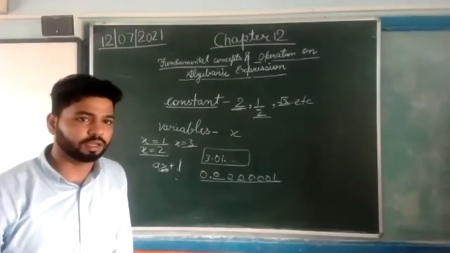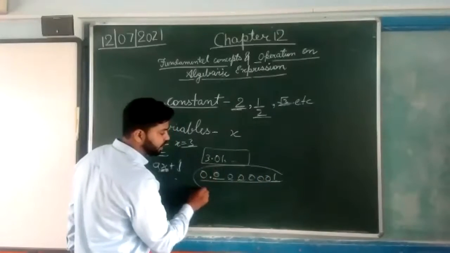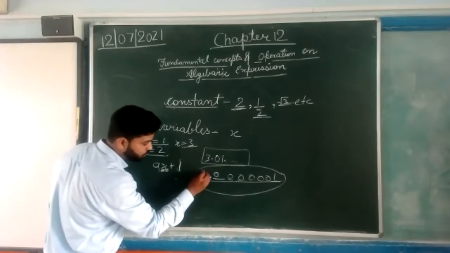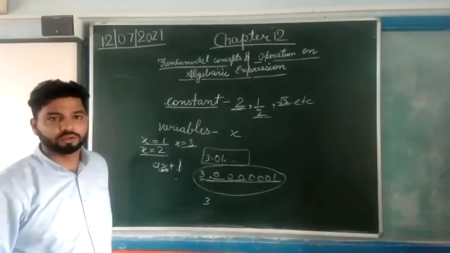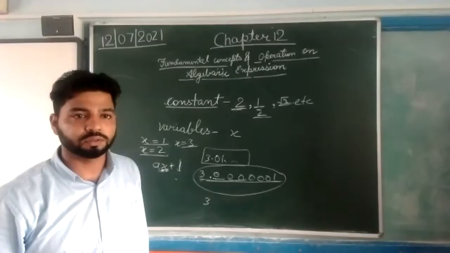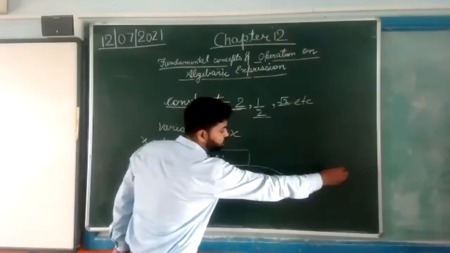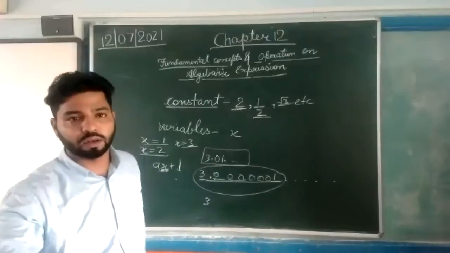So we will consider this thing as a zero. But if it is 3.0, we can consider this thing as a 3. So this is the difference between a constant and a variable. And a point value which can go to infinity is also a constant value.